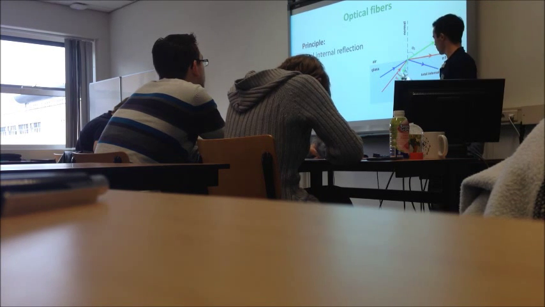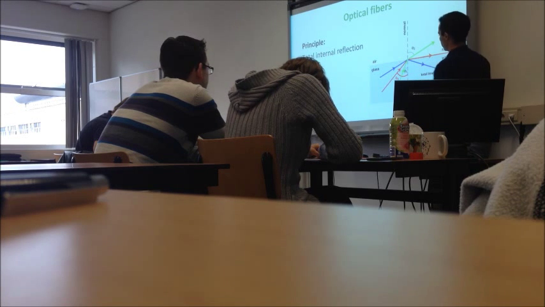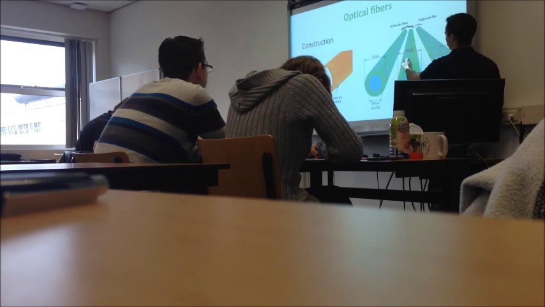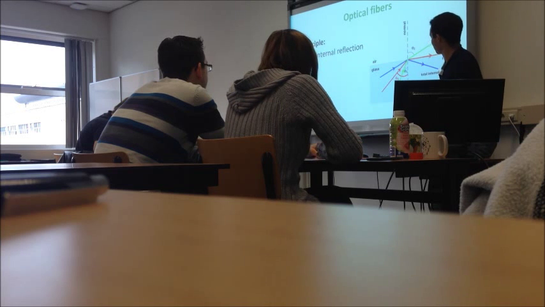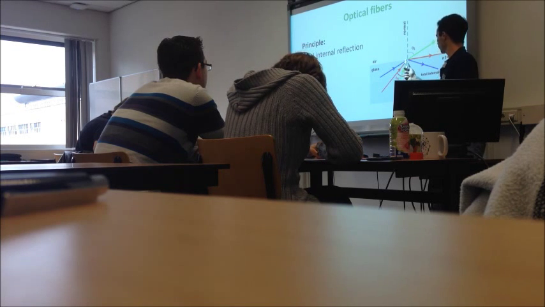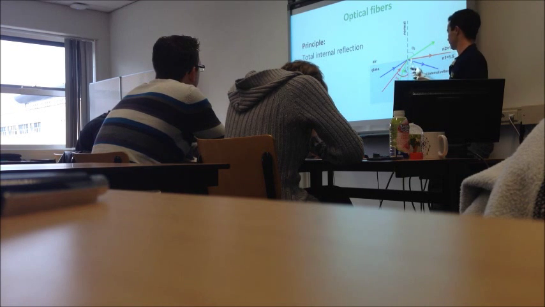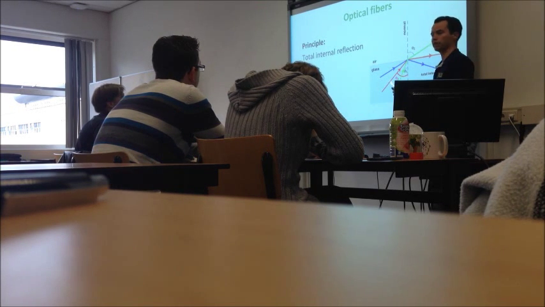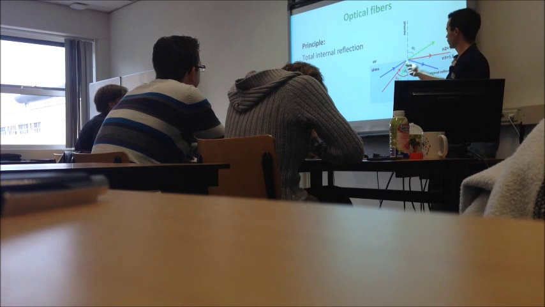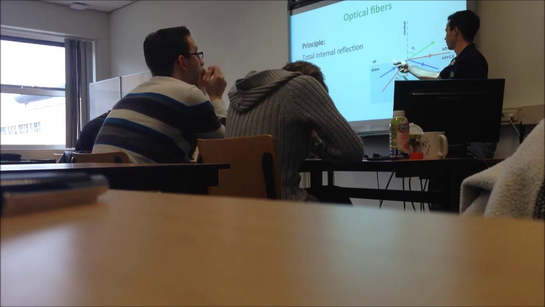For example, if you have this angle here, this green angle, we have a small angle and then the refraction like this. As we increase the angle, we have a bigger angle, and then there's a limit angle, which is here for this case. We are considering the glass and air as the two mediums.